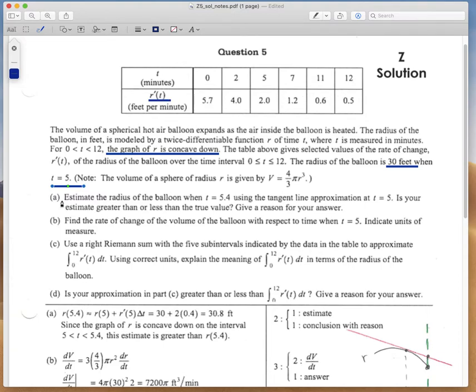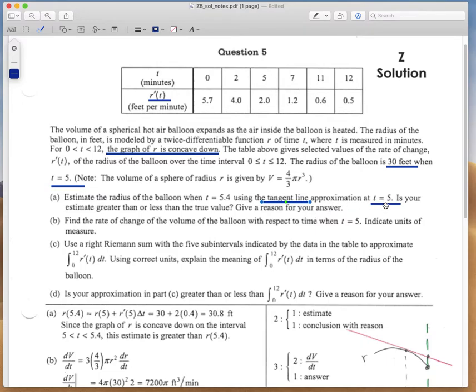Okay, so ready. Part A. Estimate the radius of the balloon when time equals 5.4 using the tangent line approximation at t equal 5. This is very much like question number W6. How do you find the equation of a line? Any line? You need a point and a slope. So we want tangent at t equal 5.